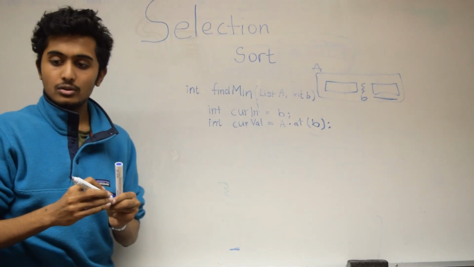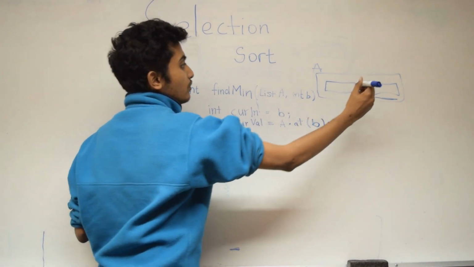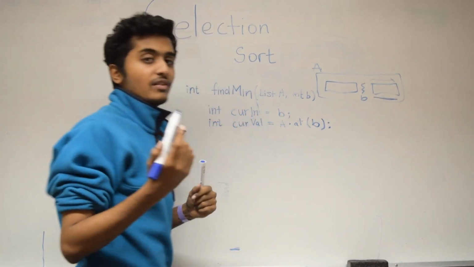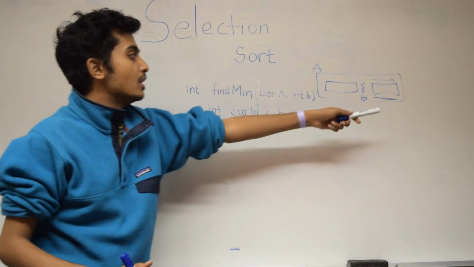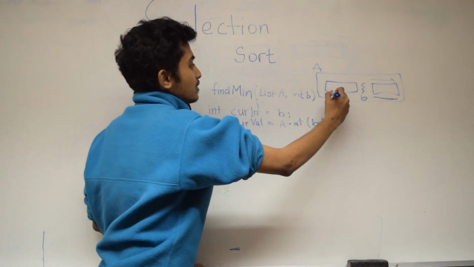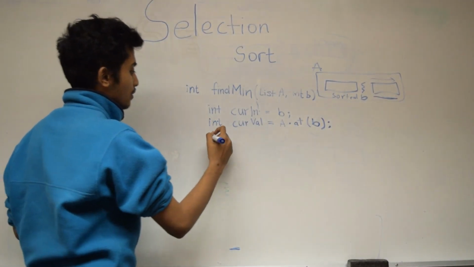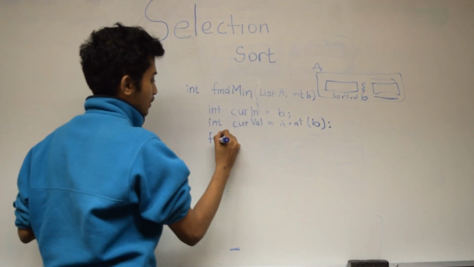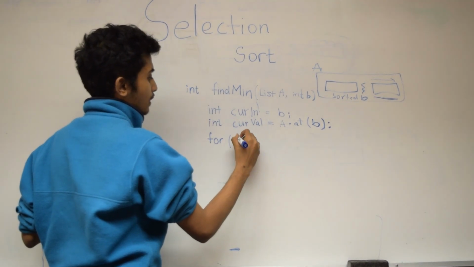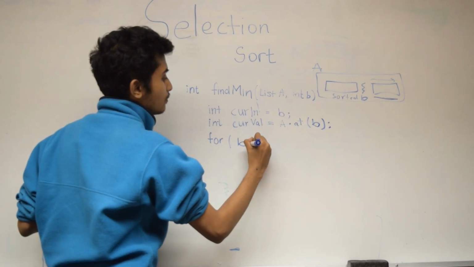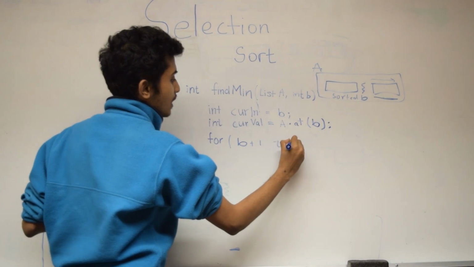Now, we're going to run a for loop through this side of the list so we can effectively do the comparison to find the minimum of the unsorted half versus the sorted half. That's it. So we're going to run a for loop from B plus 1 to the size.